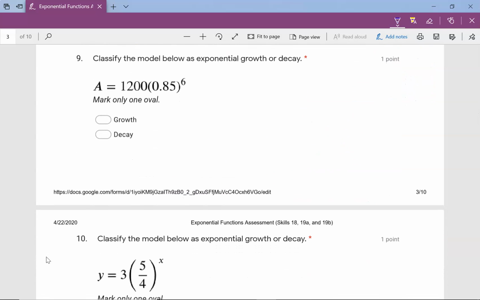The next one, it says classify this model as growth or decay. So growth is when the b value is greater than 1, and decay is when that b value is between 0 and 1. So looking here, I see a b value of 0.85. Well, that's less than 1, so this has to be decay.